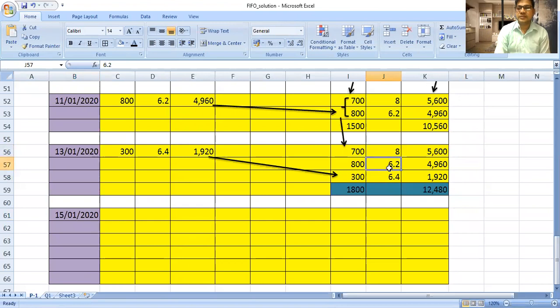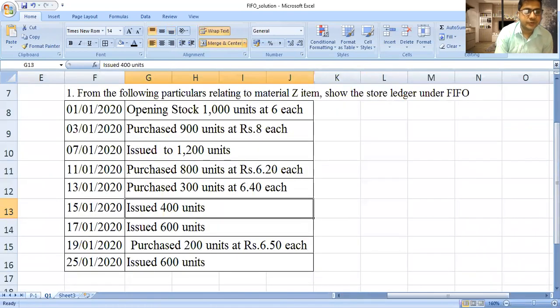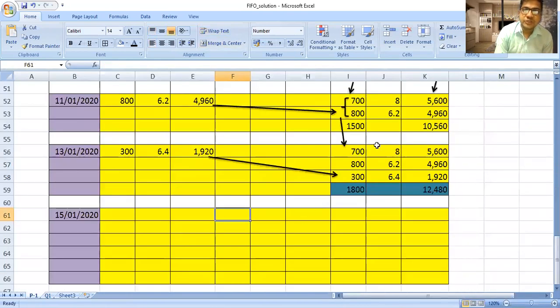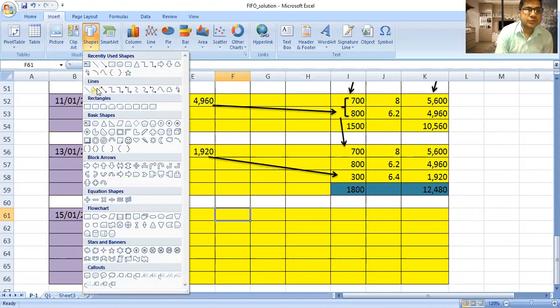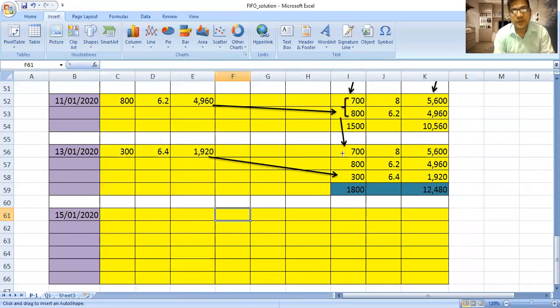Then second, the 6.20 rate units. And the 6.40 rate units were purchased afterwards. We want to sell 400 units, so from which units do we have to consider? Friends, those units purchased first, such units are sold first. The 700 units purchased first, we have to use for selling purpose.